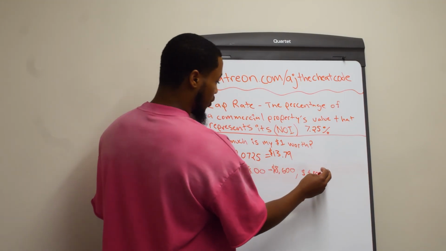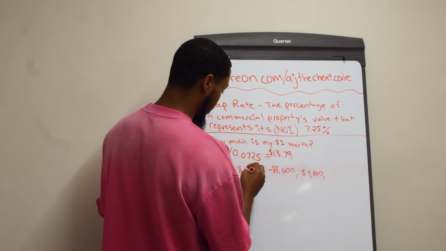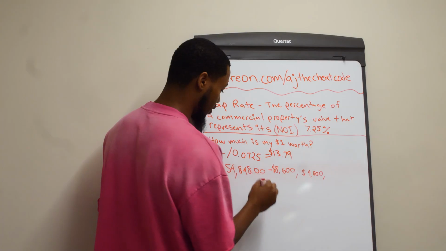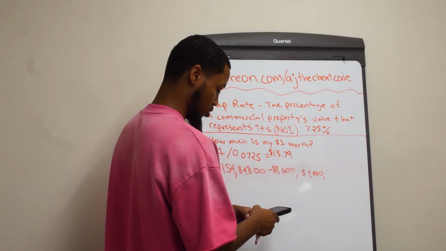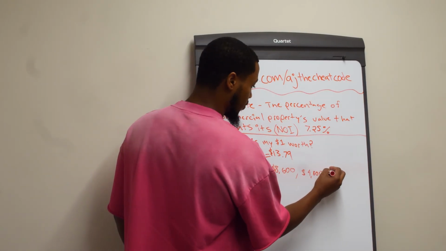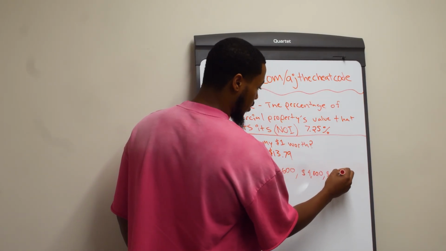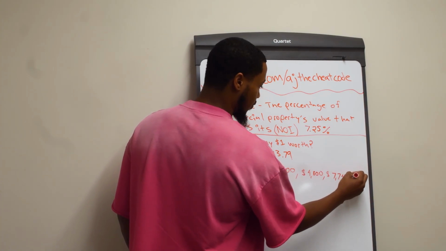Now, when you look at your vacancy, you got 5% vacancy, so 10% of this is 15,400. And let me just calculate this. So vacancies, they're gonna hit you for $7,742.40.